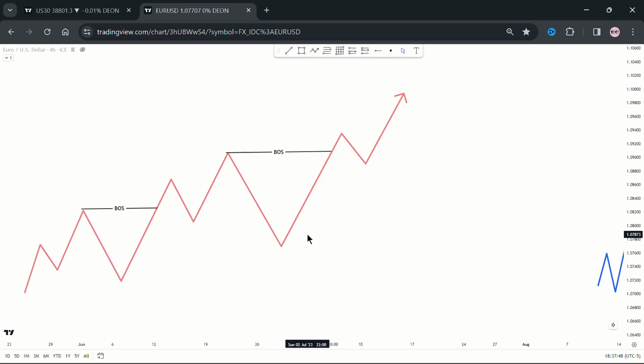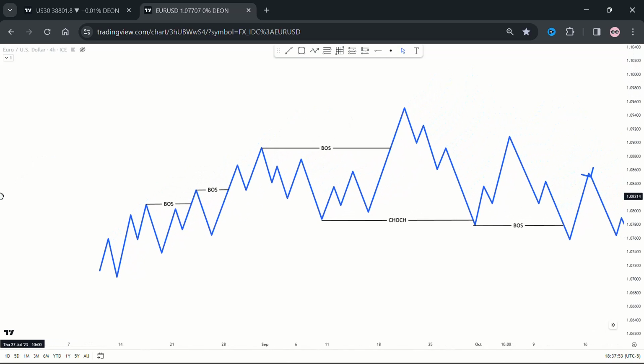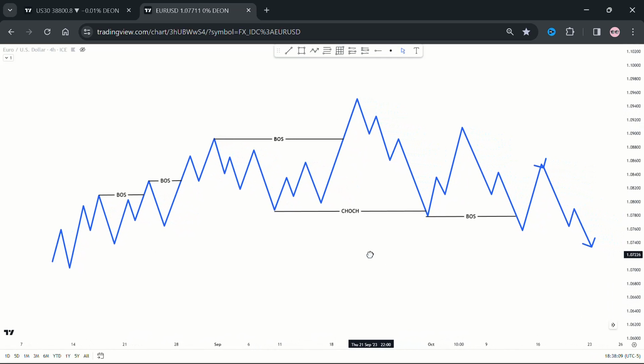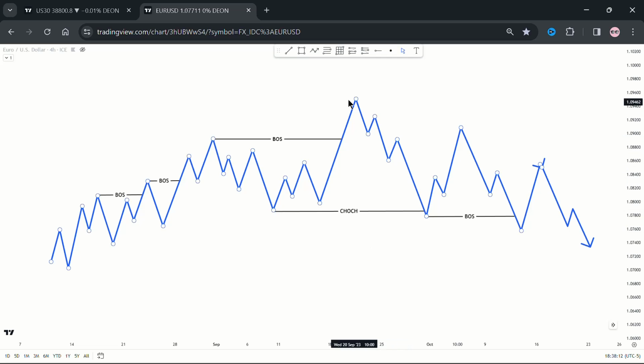That movement is what I want us to talk about today: the internal versus external market structure. When you are marking your break of structures or change of character, what you are marking is external market structure, the main structure, the analysis structure. It's the structure you look at to know where the market is actually going.